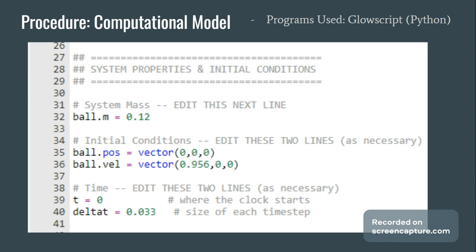And then because the timestamps between frames was 0.033 seconds, I chose the computational model to have the same delta t. And then to compute the constant velocity, I used the position at 0.03158 meters at time 0.033 seconds, which ended up being 0.956 meters per second.